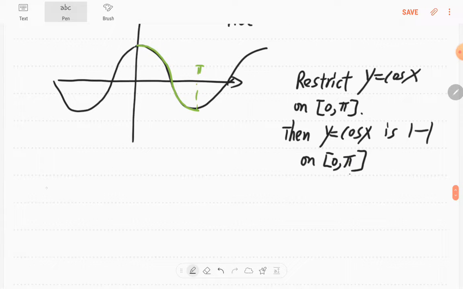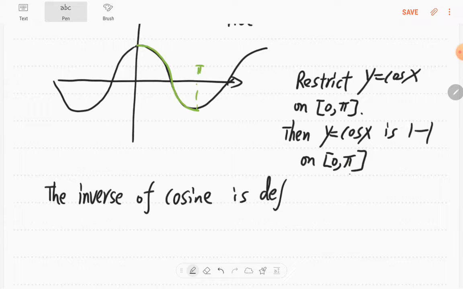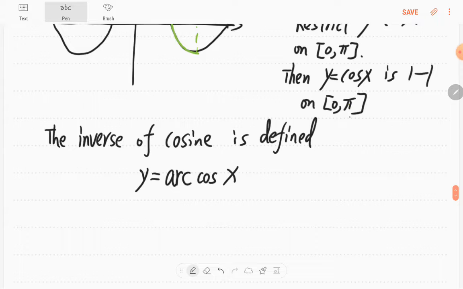So the inverse of cosine is defined in the following way: y equals arc cosine x, or you can write it as y equals cosine inverse of x.